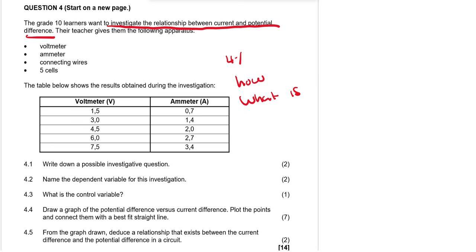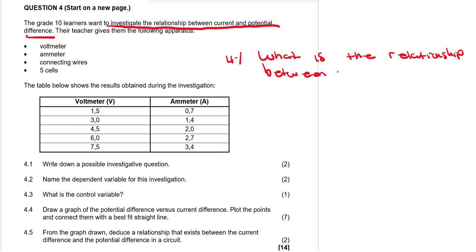So I would like to say it like this: what is the relationship between the current and potential difference at constant temperature?